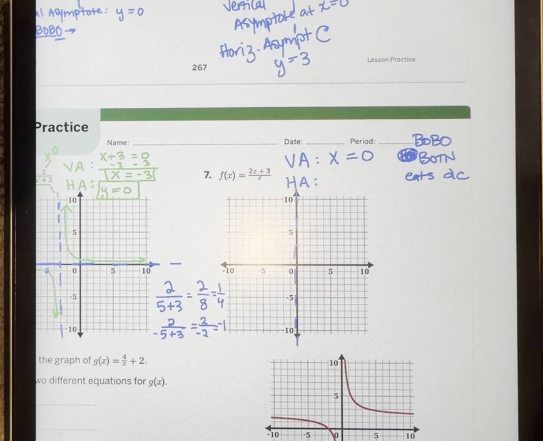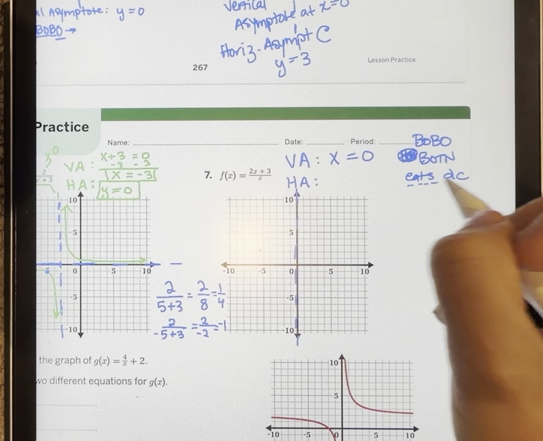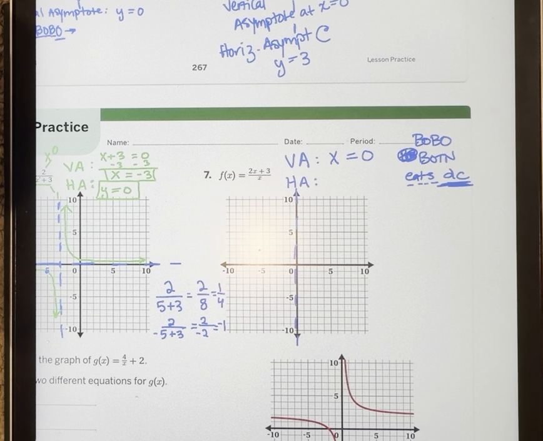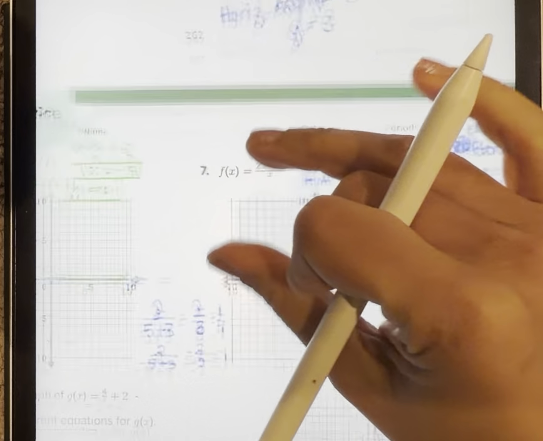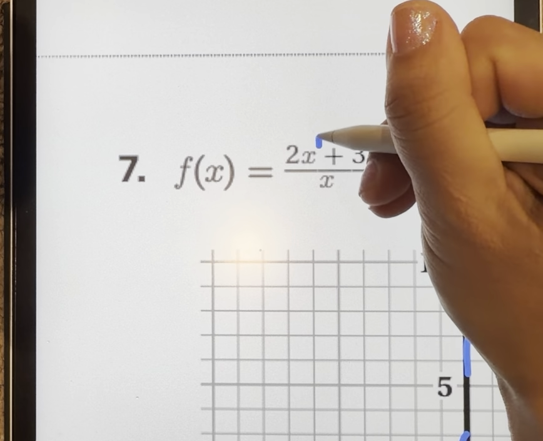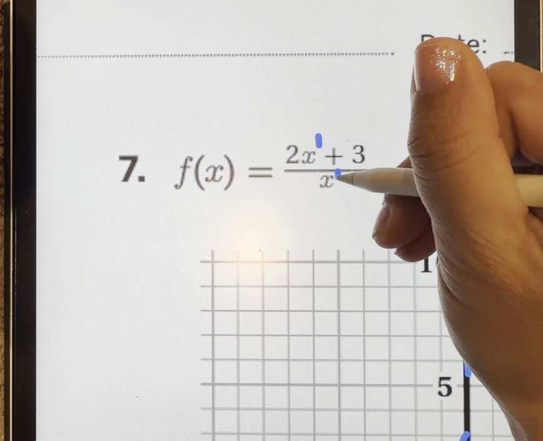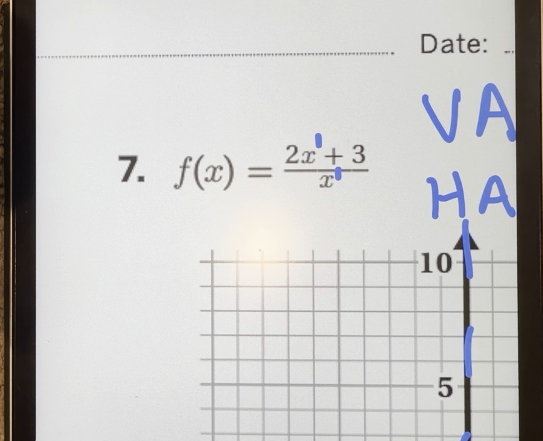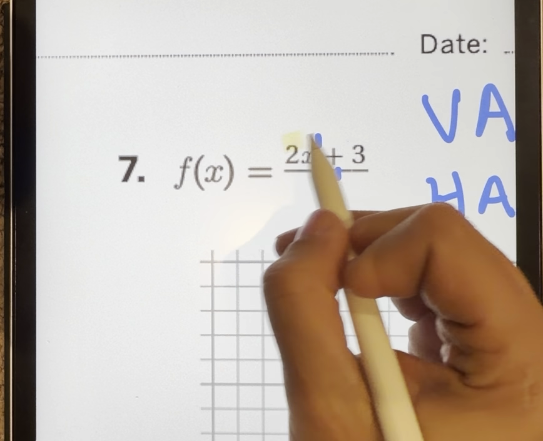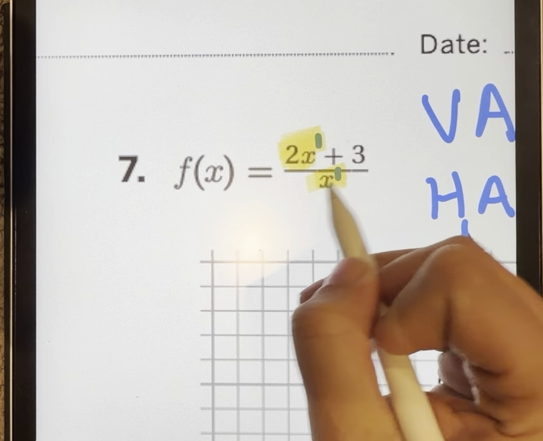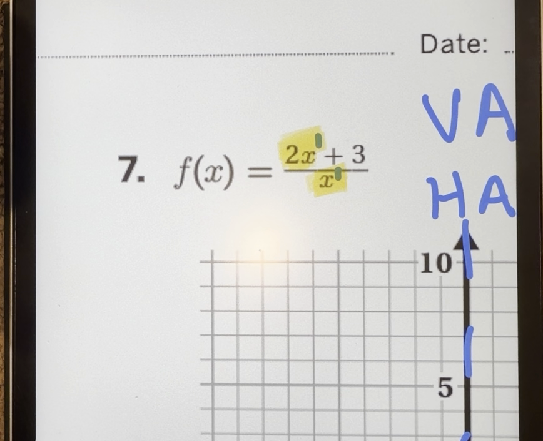Bobo tells us that if the exponents are the same, divide the coefficients. So over here, the degree of the top, the exponent of the top is 1, the highest one, and the degree of the bottom is also 1. You guys, we only care about the term that gave us the degree.